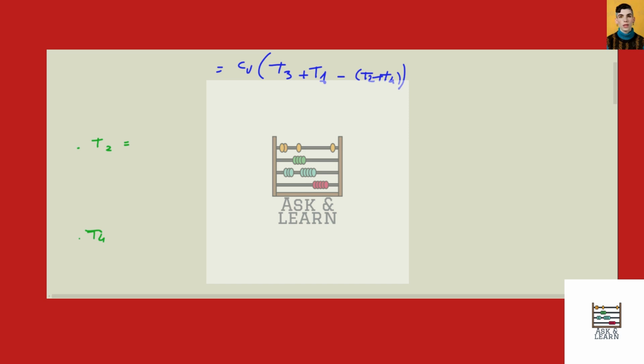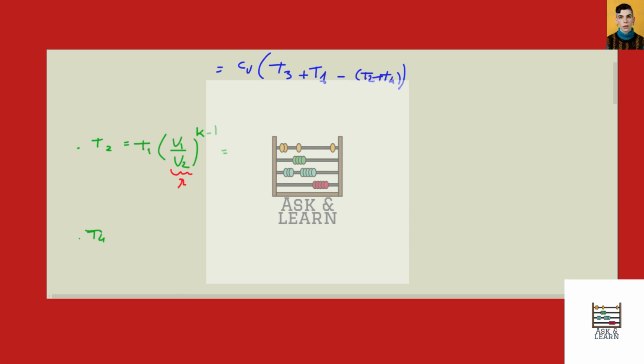The process 1 to 2 is an isentropic process, so we can use the isentropic transformation: T2 equals T1 times (V1 over V2) to the K minus 1. And V1 divided by V2 is just the compression ratio, r, which the problem also gives us.